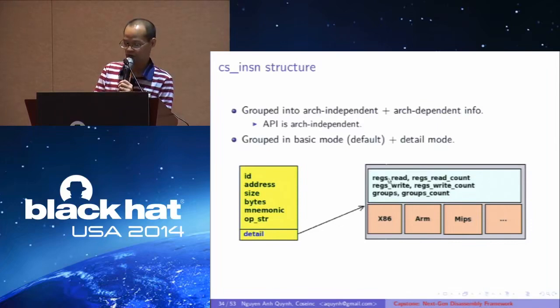This pointer points to the next block. All instructions also have information like which registers this instruction reads, which registers this instruction modifies, and which groups this instruction belongs to, right? And at the bottom, there is architecture dependent information.